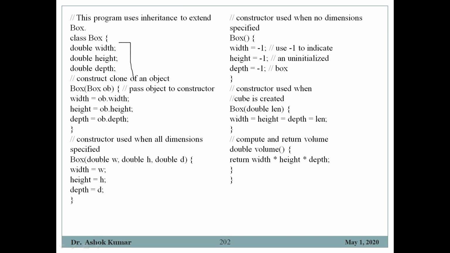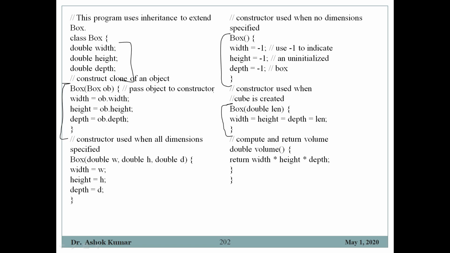So these are the instance variables: width, depth, and height. This is your constructor, so it has an object as a parameter. Then there is a parameterized constructor with three parameters of type double. This is a non-parameterized constructor, and this one is a constructor with one parameter, and we have volume.